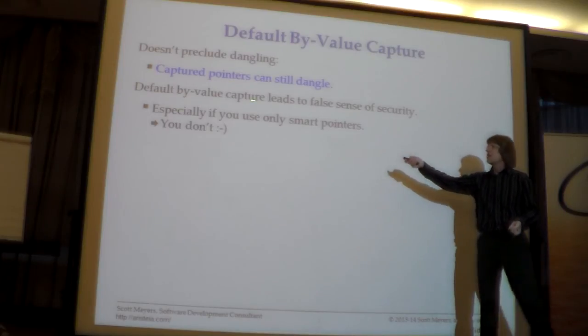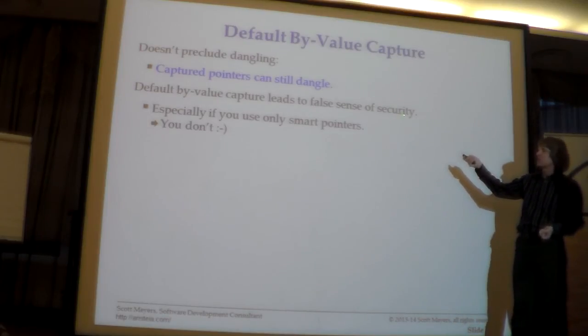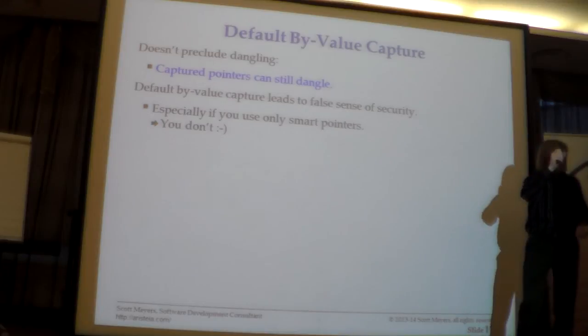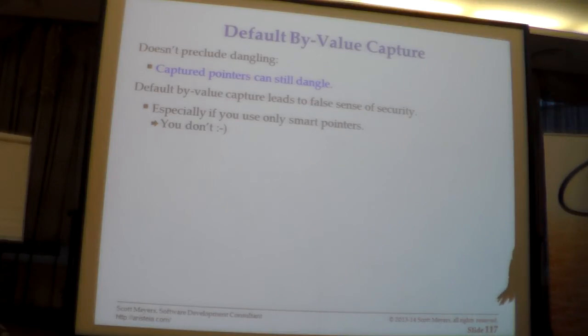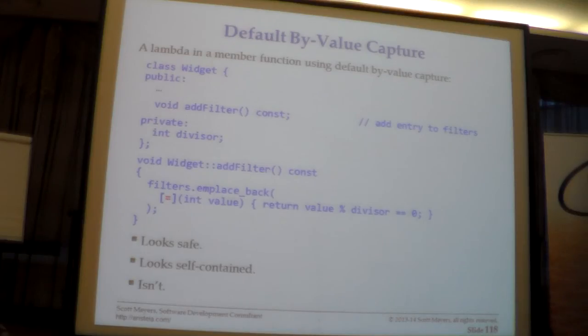Which means the default by value capture can give you a false sense of security. Sometimes I meet people and they go, it's not a problem for me. I only use smart pointers. I only use shared pointer. I only use unique pointer. I do not use those dirty, nasty built-in pointers. And I always say, yes, you do. Everybody does. Everybody uses built-in pointers, even if you don't want to.